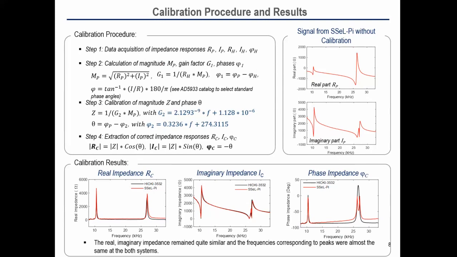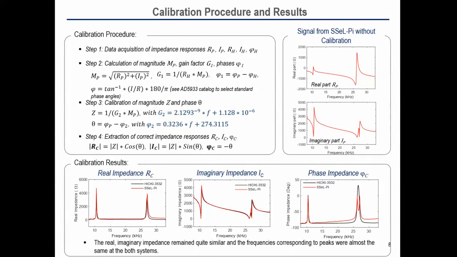This is the calibration procedure and result. As you know, the original signal collected from the Raspberry Pi has a different shape and magnitude. However, this signal has a peak at a frequency band similar to the Hioki system. So the calibration procedure was made to adjust the signal. The calibration procedure includes four main steps.